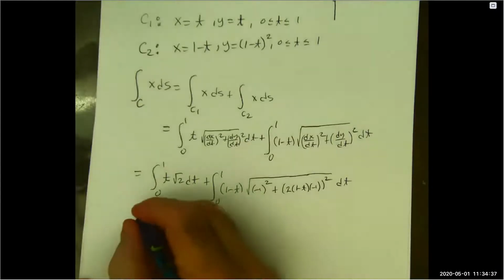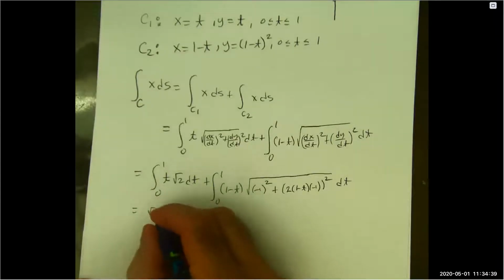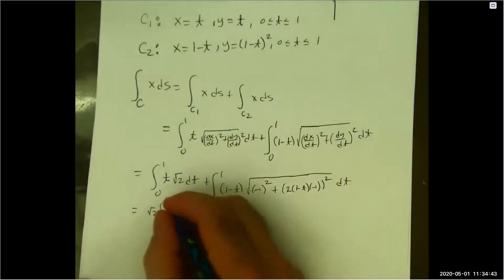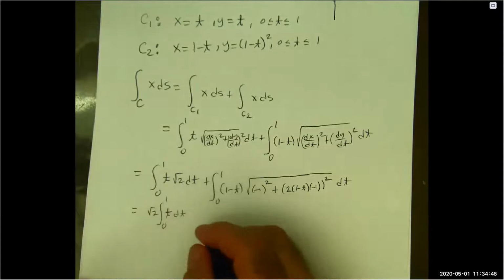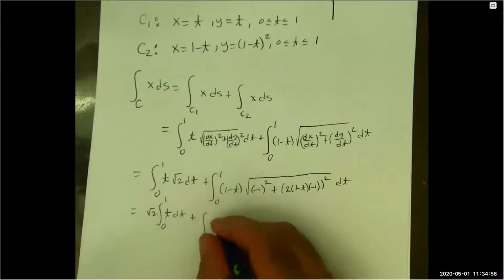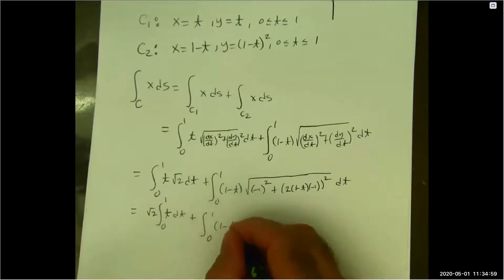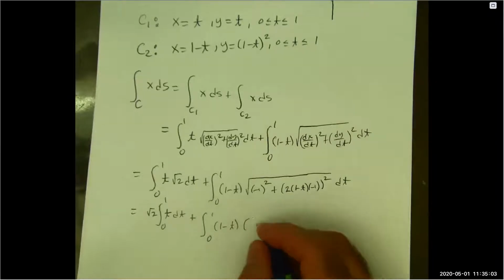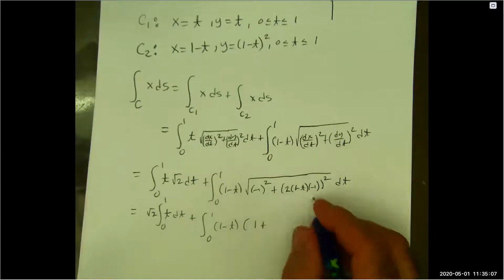All right, so we can rewrite this as root 2 times the integral of t, 0 to 1 dt, plus here we're going to have the integral from 0 to 1. I'm going to have 1 minus t, and then here I'm going to have 1 plus 4.